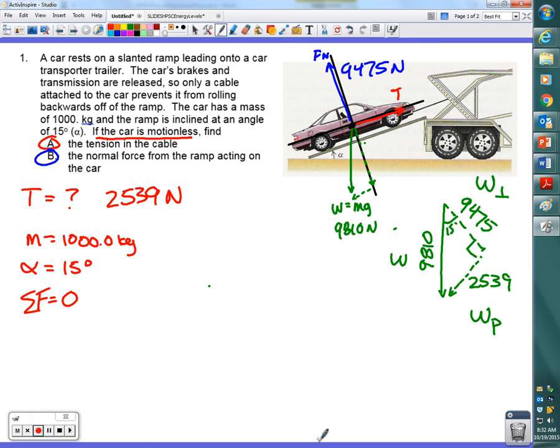But yeah, we found tension because now, Austin, when we do things as components, basically what we're doing is getting rid of this force and replacing it with those two components, right?